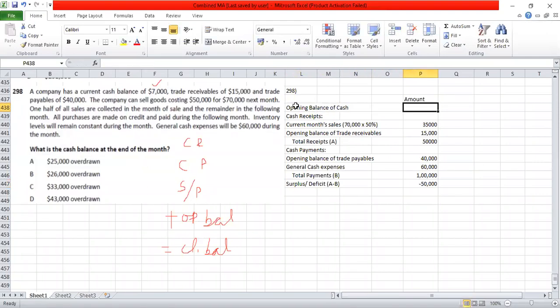Opening balance of cash is 7,000. The first line, just check that. So when we add it up, we see that there is closing balance. So closing balance is basically surplus or deficit plus opening balance.